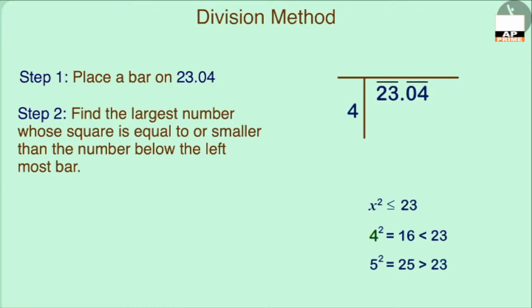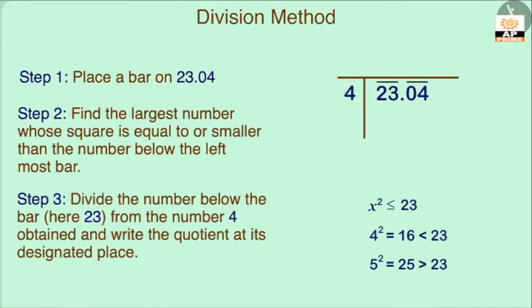Therefore, we will choose the number 4. The number 4 obtained is our divisor and also the first digit of the square root of this number, which we will write in the quotient. Considering the number below the leftmost bar as 23 and writing 16 below it, we will find the remainder. The remainder obtained here is 7.